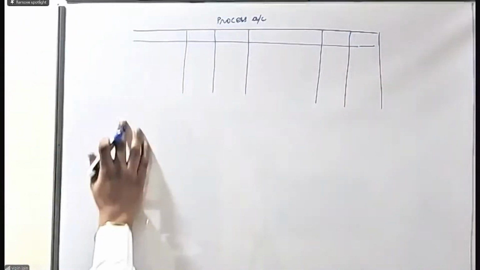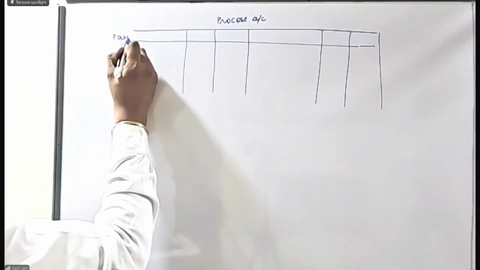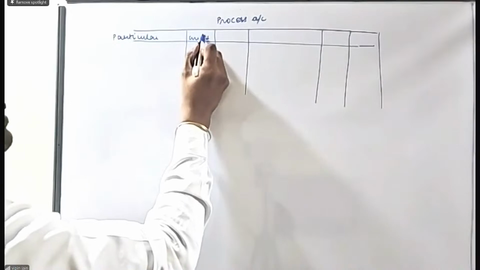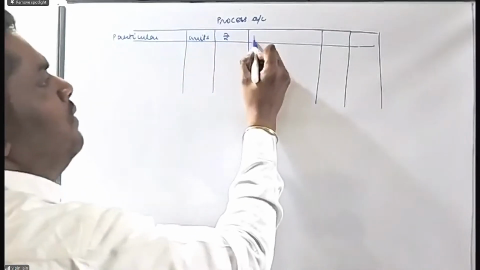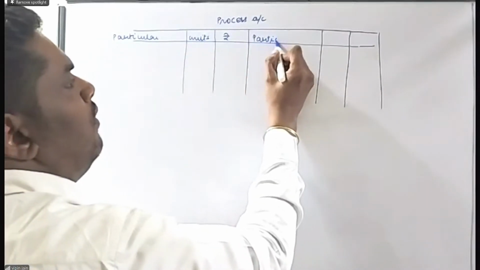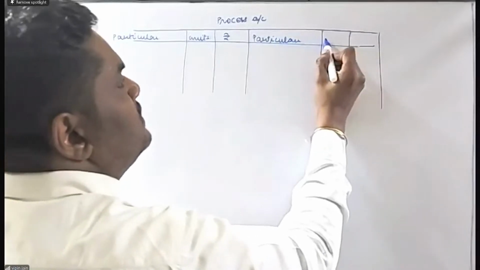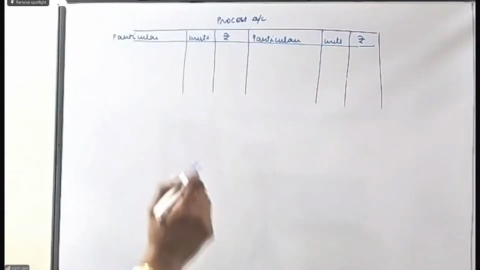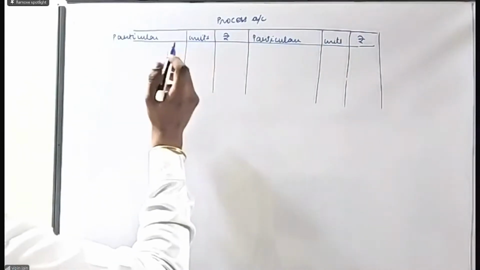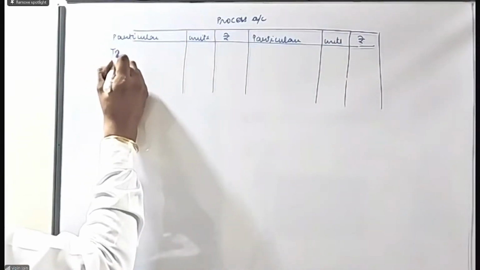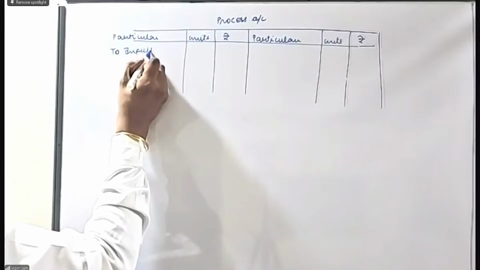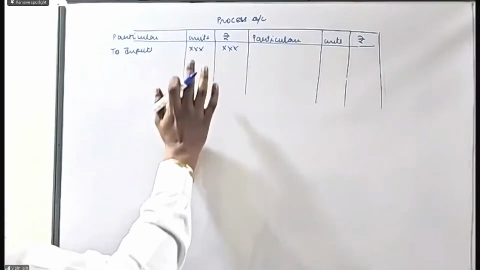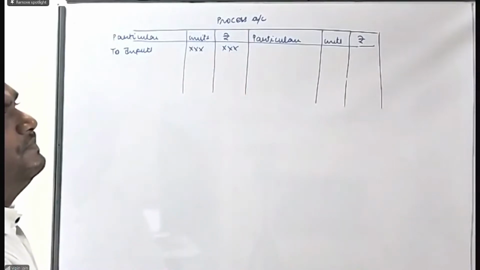How to prepare the basic process account: it will have particulars, units, amount. The first part we will write is the inputs, or we can say material, the units of inputs along with the amount.